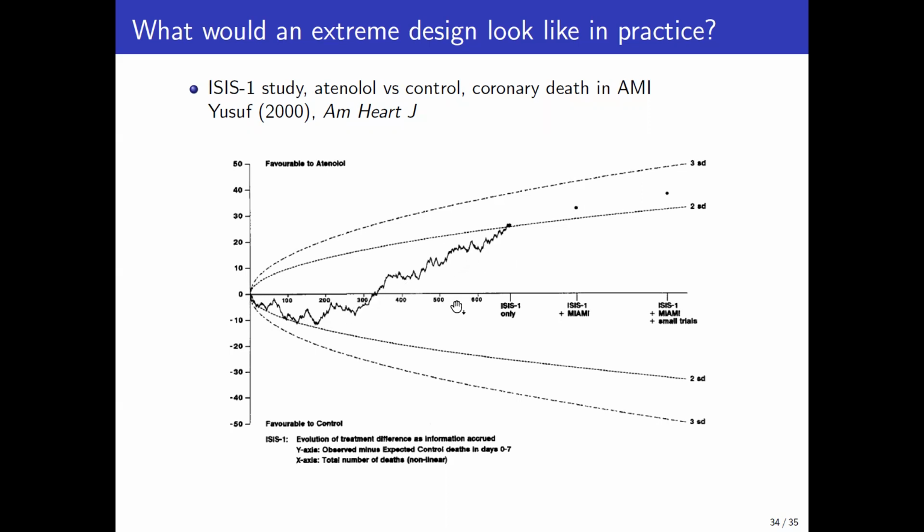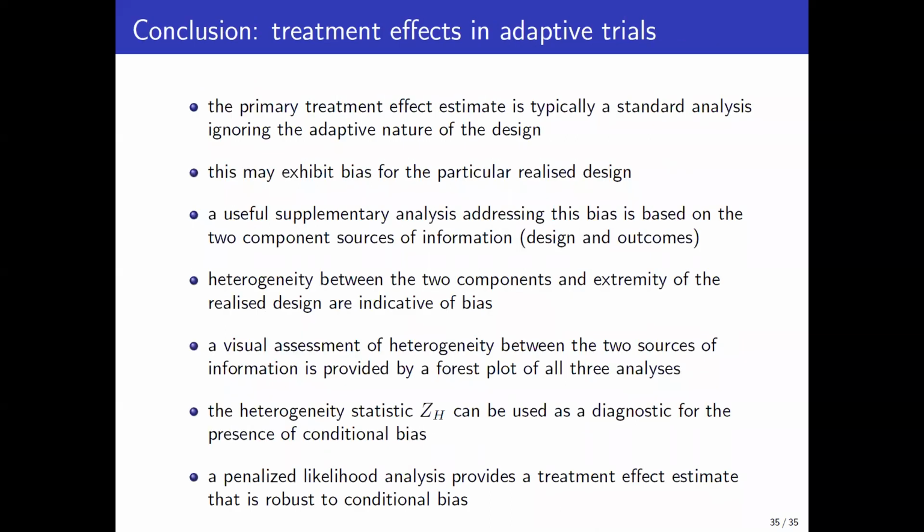And ultimately, we would have had an allocation proportion that was somewhat out of whack with the fact that there is a strong treatment effect there. So depending on the path that the study takes, that realised design could be quite extreme.